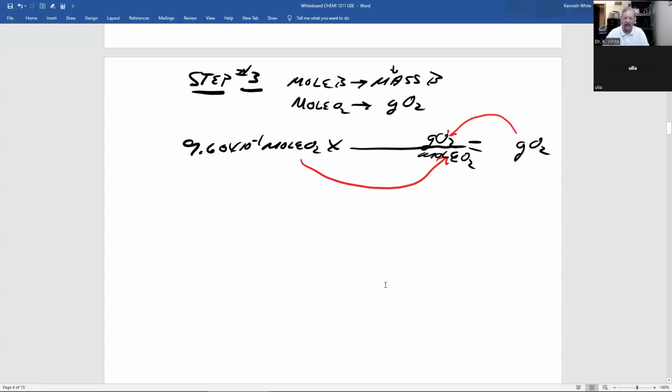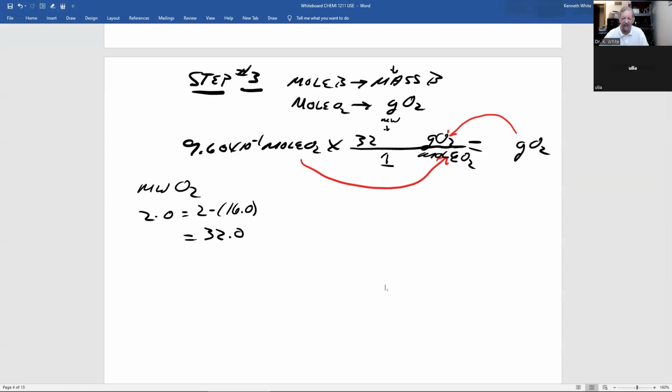So now here we know for every 1 mole of oxygen, it's the molecular weight of oxygen. Well, we've got to figure that out. Molecular weight, 2 oxygens. Each oxygen is 16.0. Multiply that, and you get 32.0.